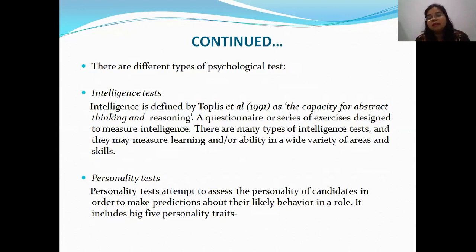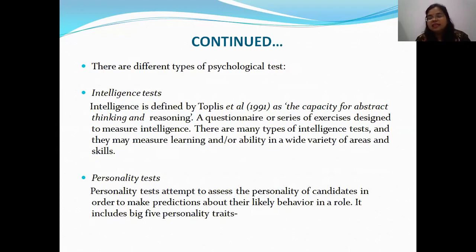Intelligence is defined by Toplis et al. as the capacity for abstract thinking and reasoning; it focuses on how strong your reasoning capabilities are. Next is the personality test. I think you must have read about personality in your organizational behavior subject, or you will study it further in OB.